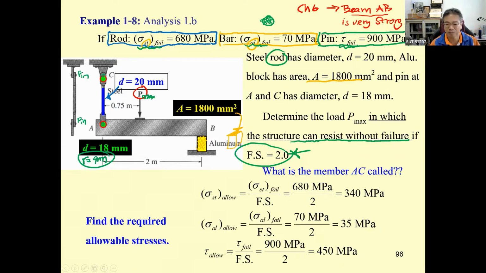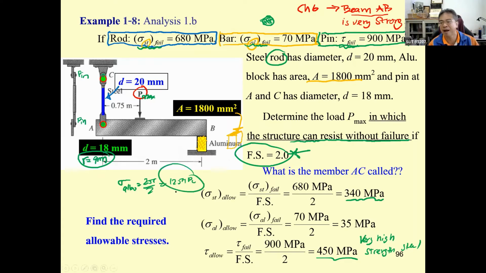The pin is going to be very, very high strength steel. Also, this one is not a normal steel. Normal steel has a sigma allow of 250 divided by 2, that is 125 megapascal. That is steel in civil engineering. This one is very, very high strength steel.